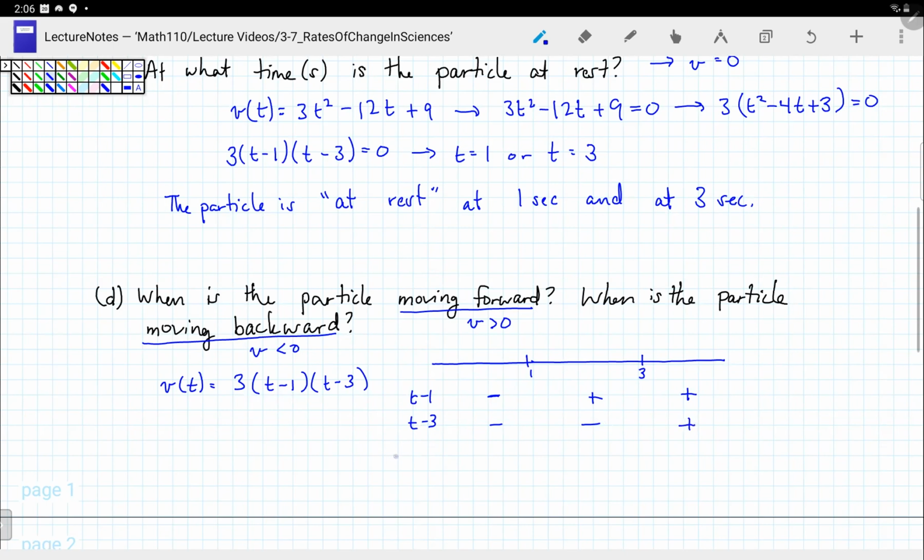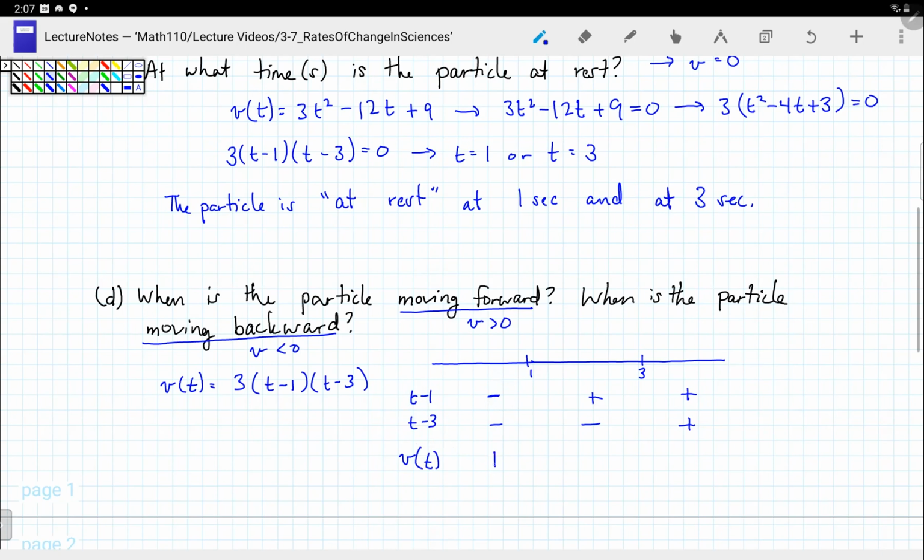So then velocity is the product of 3 and t minus 1 and t minus 3. Since 3 is a positive number, it's not going to affect the sign here. So this tells us that to the left of 1, v of t is 3, a positive number, times a negative number times a negative number.